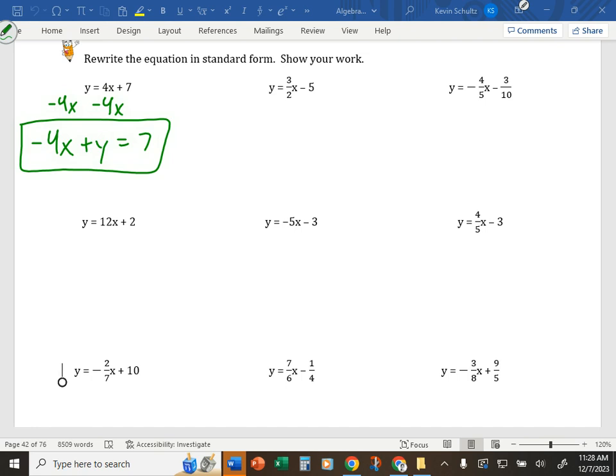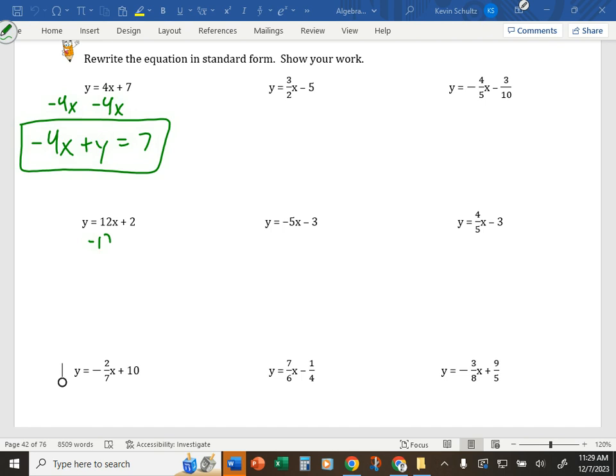Who's bold, brave, and wants to share what they came up with here? Oh, I thought we'd get some hands. Do we have to care about step 1 here? Are there any fractions? No. So we go straight to step 2, which is using opposite operations, move that x term over. What's the opposite of a positive 12x? Negative 12x, right?